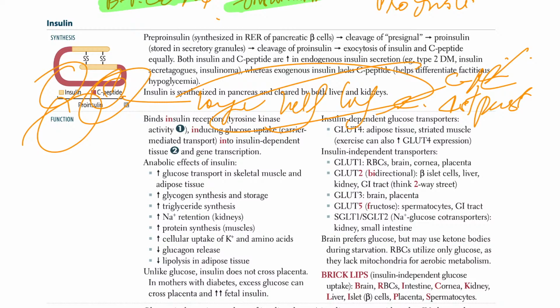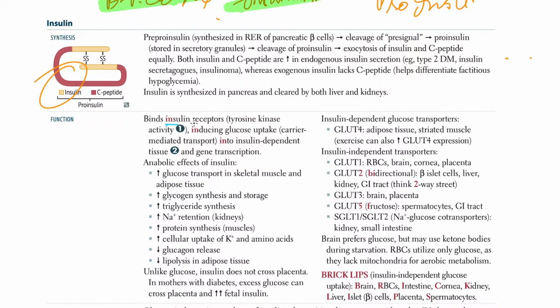Now the function, let's change color. Now the function of insulin is pretty easy. Okay, it binds the insulin receptor, high yield. What receptor does it bind? Tyrosine kinase activity. It binds to the tyrosine kinase, inducing glucose uptake, which is a carrier-mediated transport, which we will talk about on the other right side.